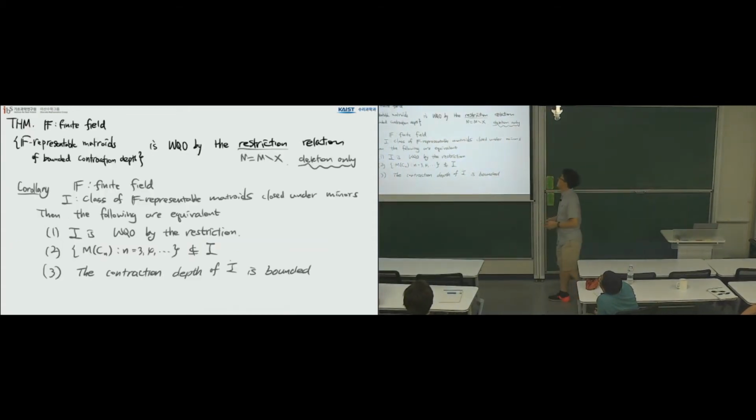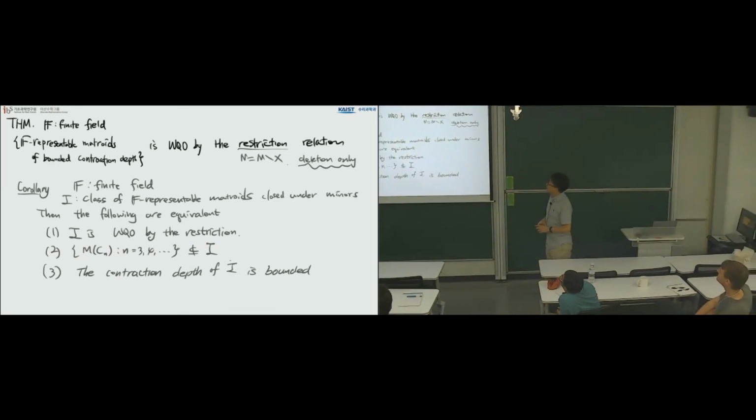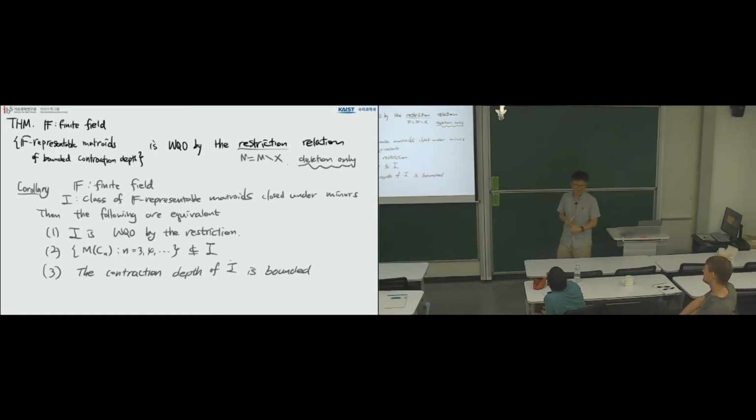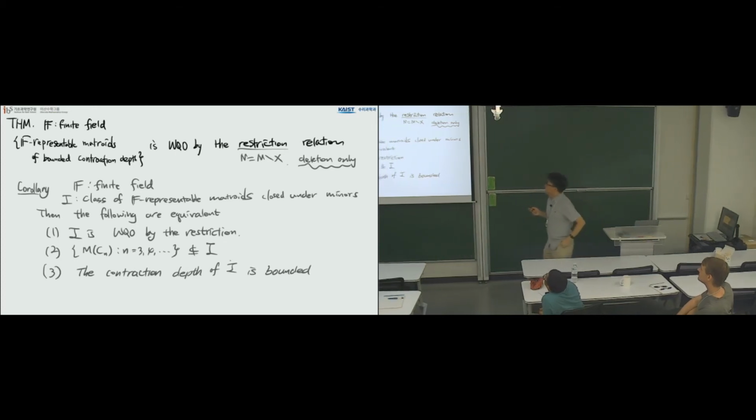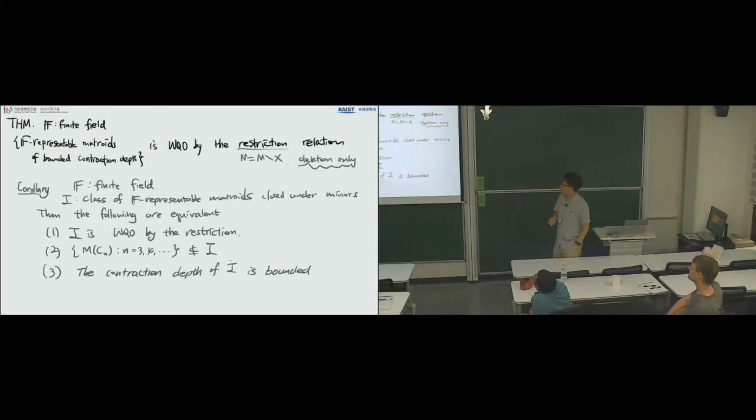But we also have to make sure that the matroid is representable over a fixed finite field. If it's representable over an infinite field, then it's not well-quasi-ordered; there's some example in an old paper. So the theorem we have is that if you have a finite field F, then F-representable matroids of bounded contraction depth are well-quasi-ordered by restrictions.